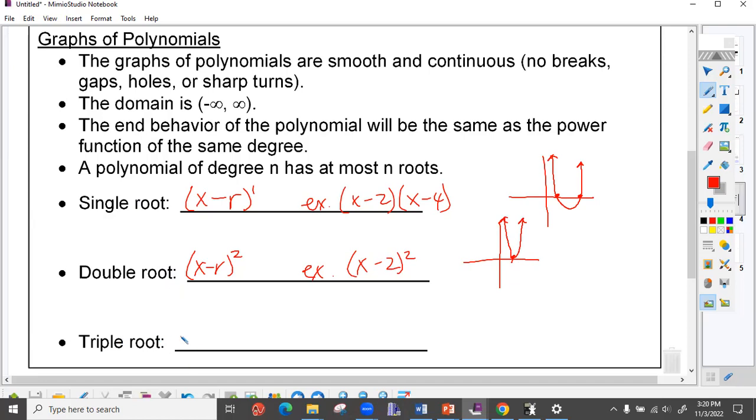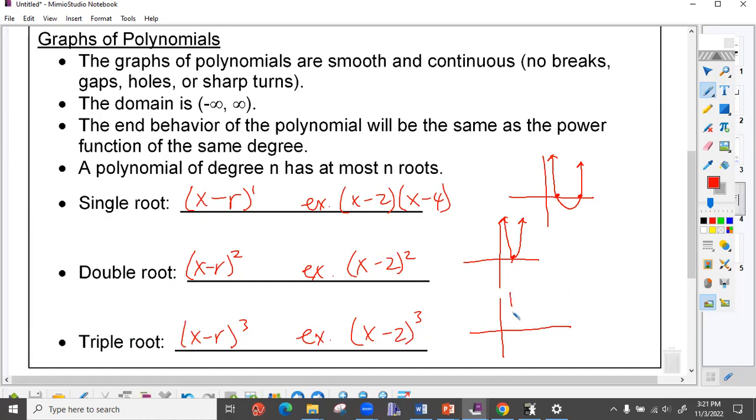Okay, triple root. A triple root means that you're at x minus r to the 3rd. So for example, if we had x minus 2 to the 3rd, what this is saying is that typically you're going to have the same behavior as a single root because it has the same odd properties, but your other roots are probably imaginary.